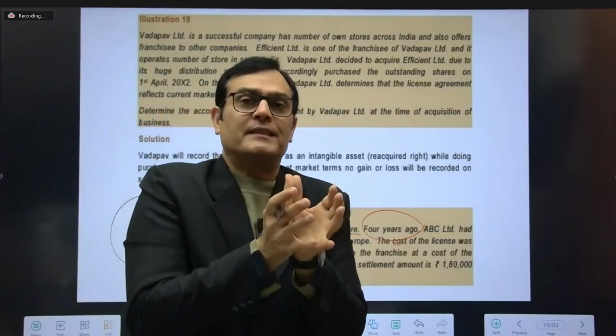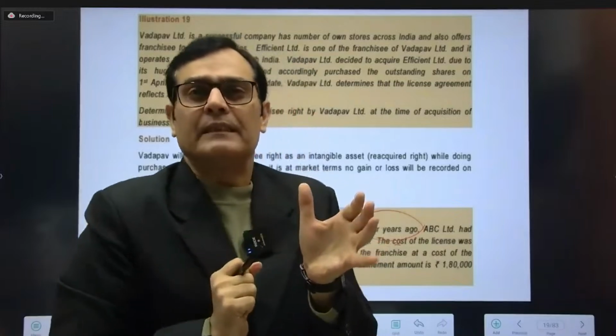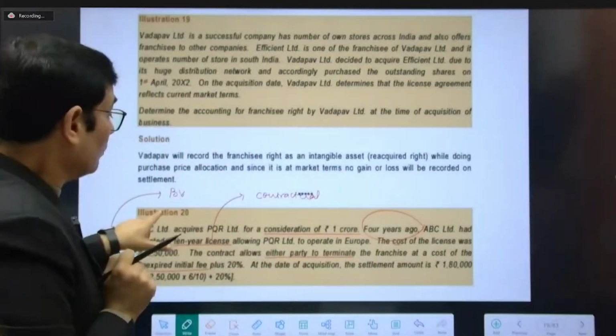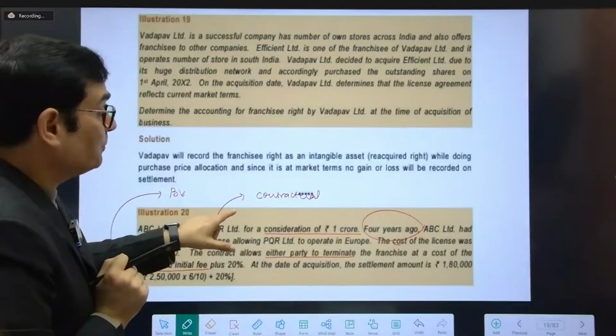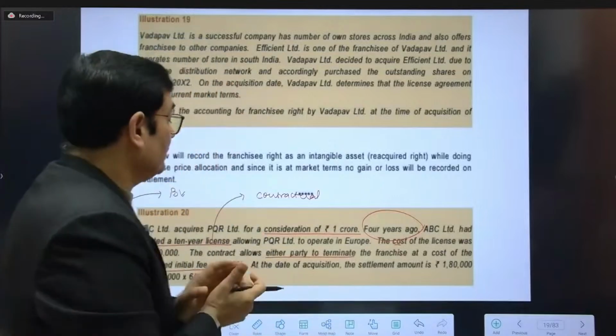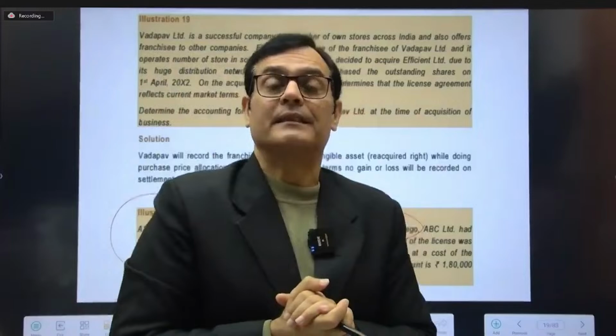So this franchisee right was given to the other company. So for the other company, it became an intangible asset under Ind AS 38. I put it again: when ABC gave PQR the rights, for the company PQR, it became an intangible asset under Ind AS 38.